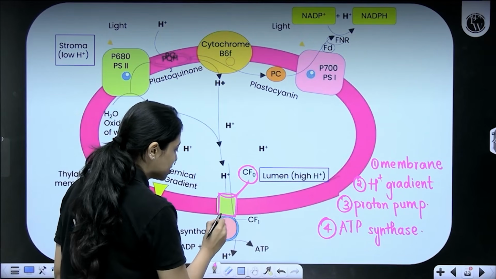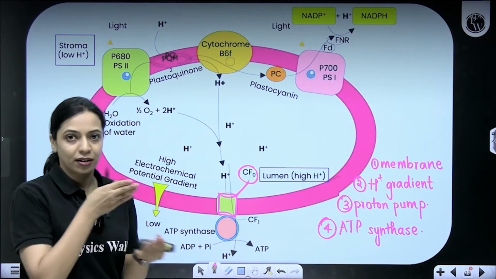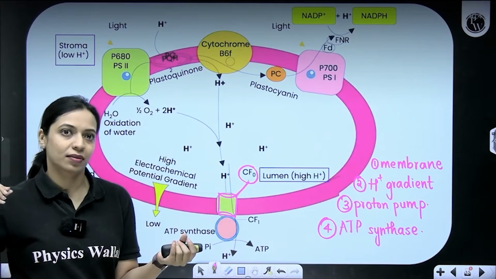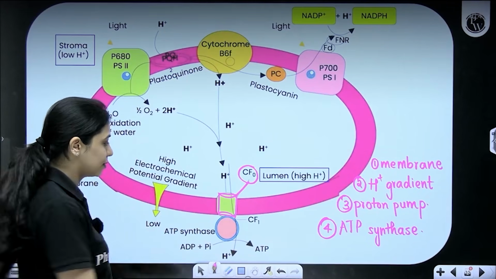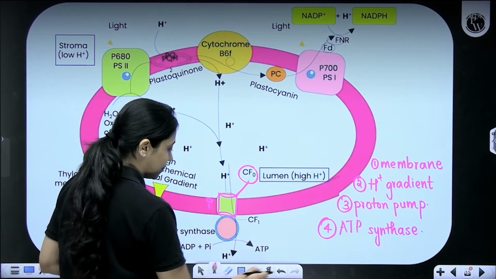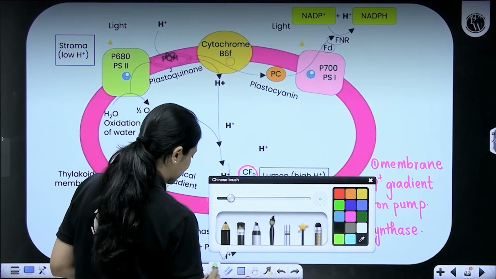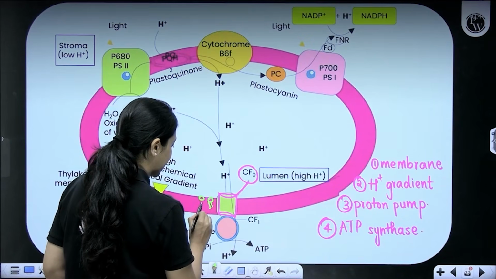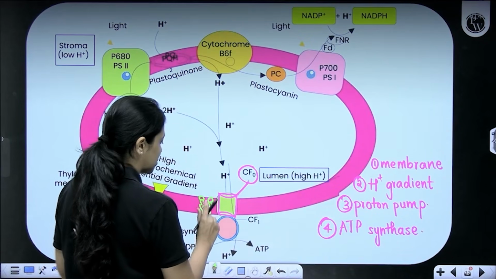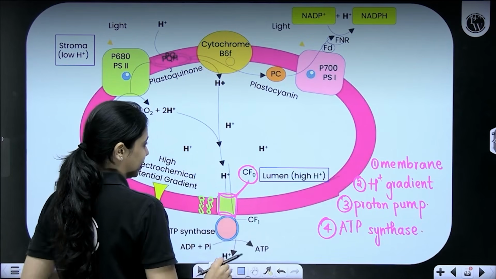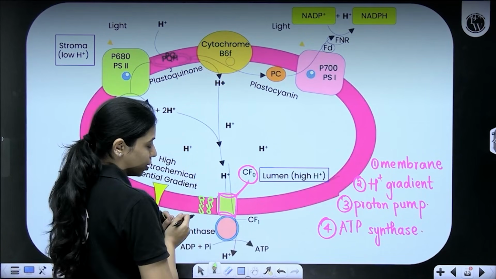It's like a transmembrane protein that is embedded within the phospholipid bilayer. This pink color thing that you're looking at here, this is nothing but the phospholipid bilayer that you will find in the thylakoid membrane. Okay, so this entirely is that phospholipid bilayer, and here you have the CF0 particle.